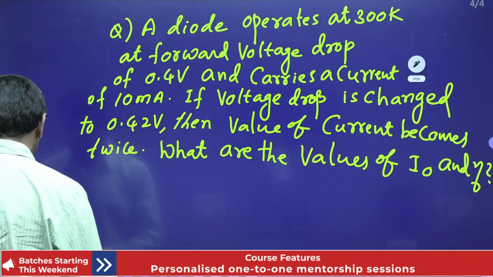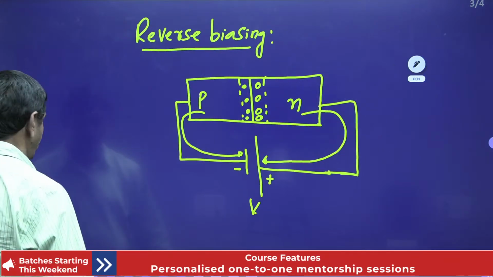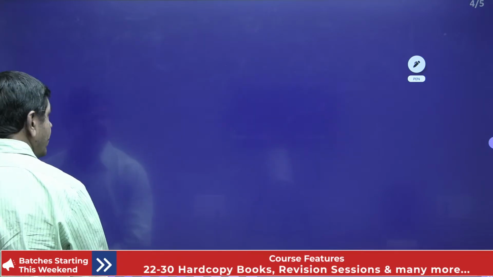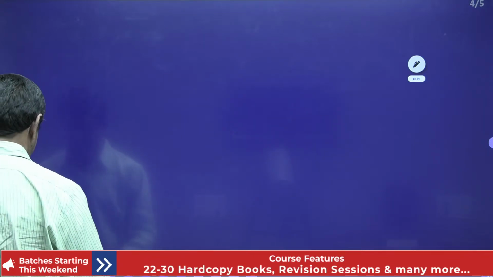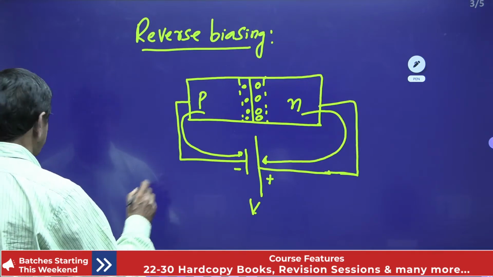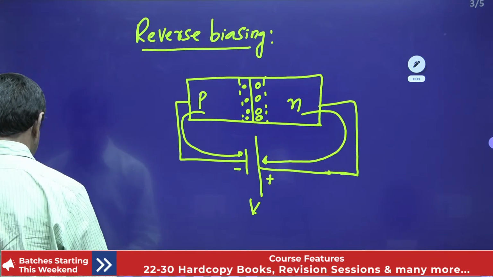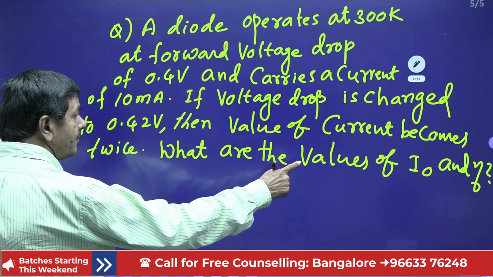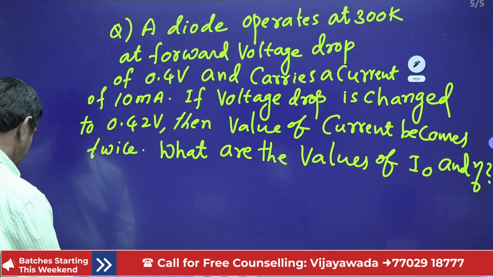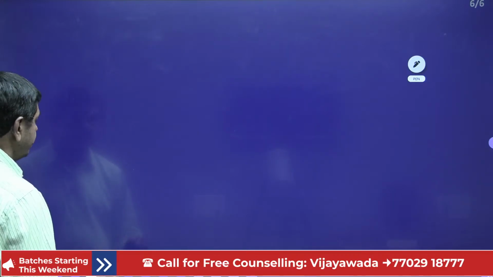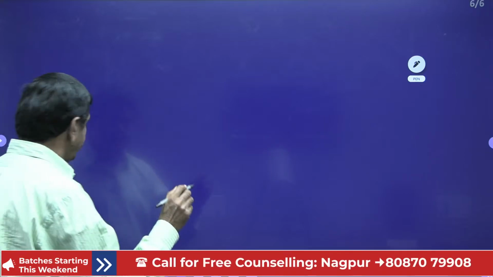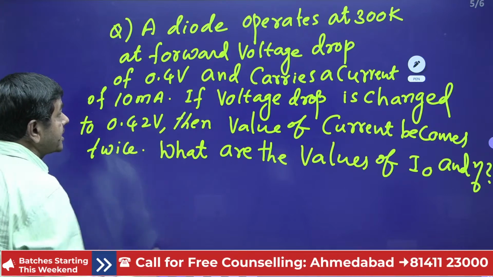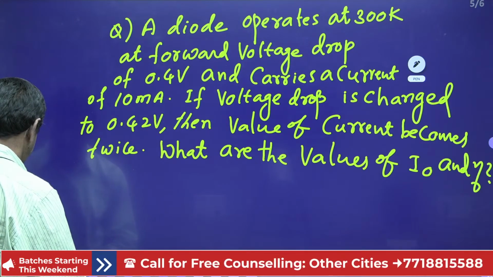And here we can do this question now. What way can we do it here? In this problem, what is given? The values of I naught and eta are required. Initially, it operates at forward voltage of 0.4 volts.